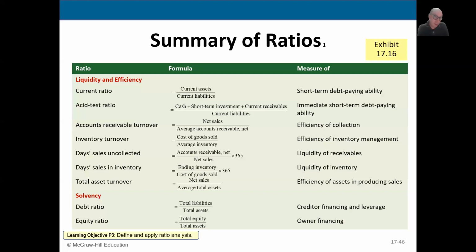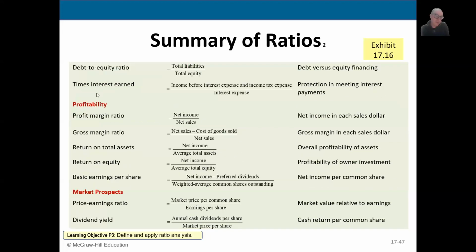Here we have liquidity and solvency, efficiency and solvency, and then profitability and the market prospects. All nicely listed out on the two slides to keep your life nice and easy instead of having to go back and forth and try to find various ratios.